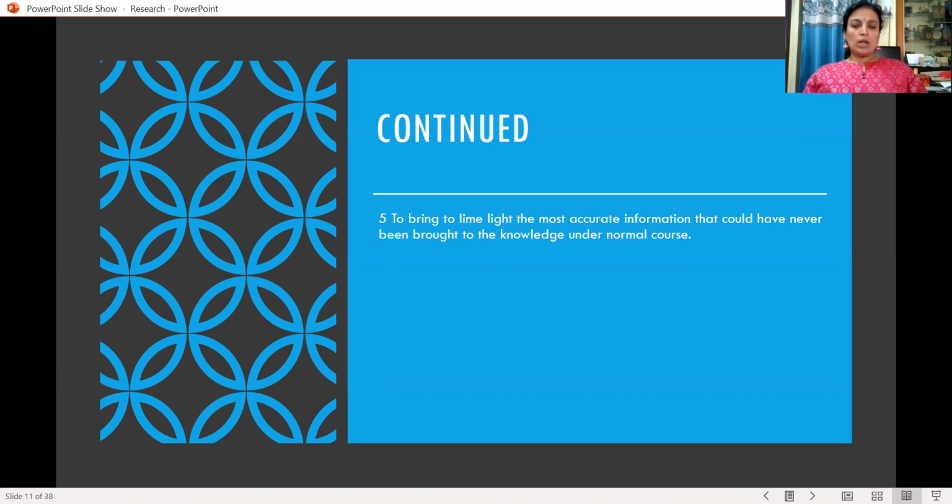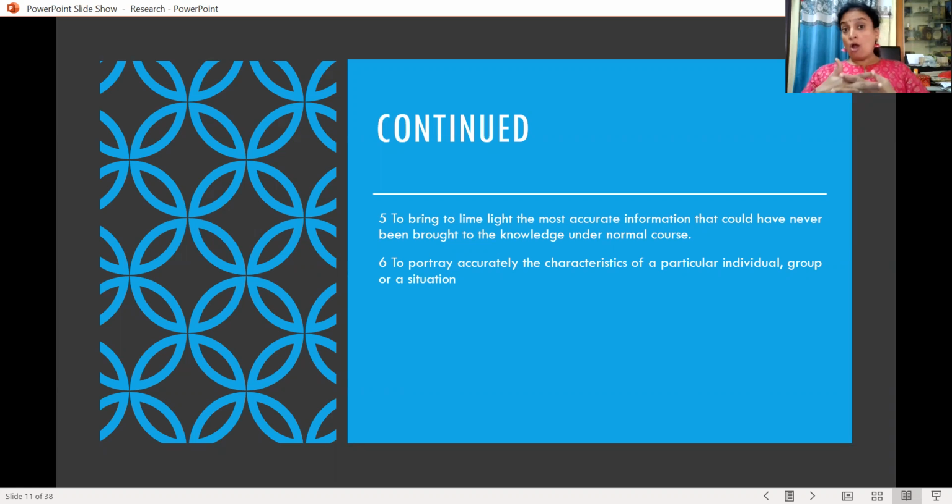To bring to limelight the most accurate information that could have never been brought to the knowledge under normal course. To portray accurately the characteristics of a particular individual, group, or a situation. That is, why the particular individual or the group or a situation behaves like this.